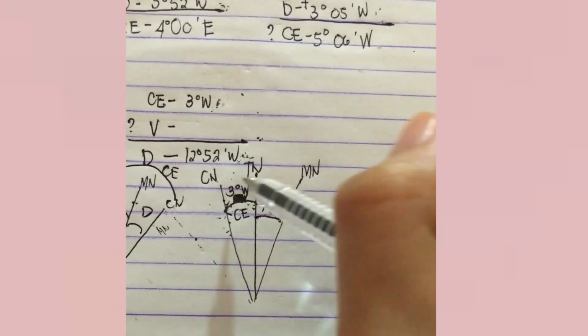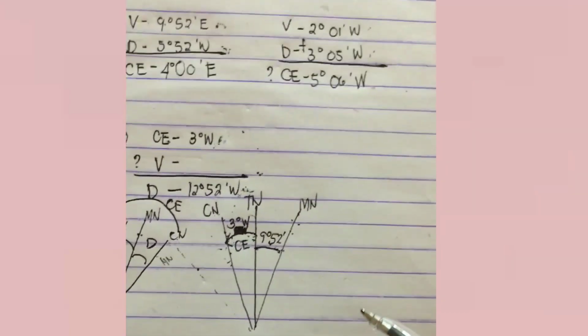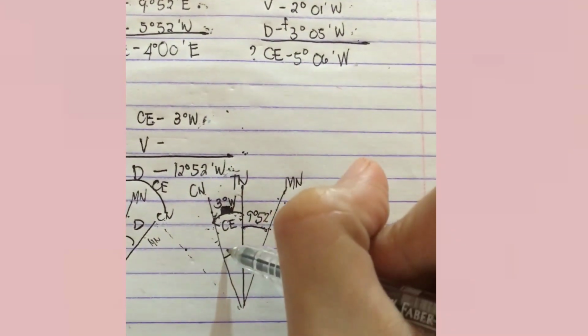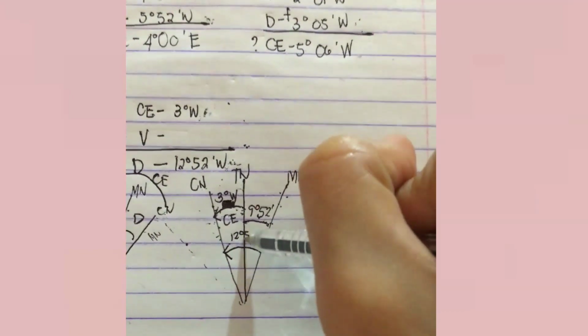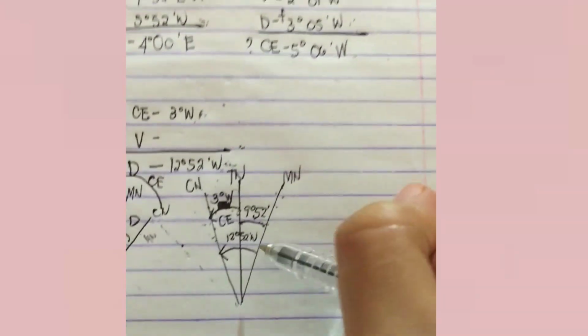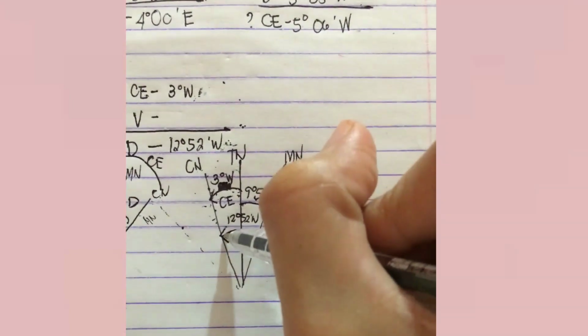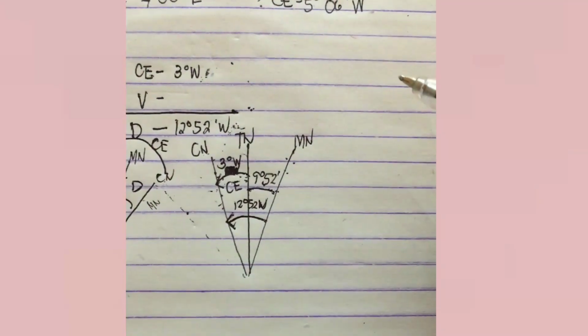So from magnetic north to compass north will be 12 degrees and 52 minutes west. As we can see, the direction is to the left side, so our direction is west.